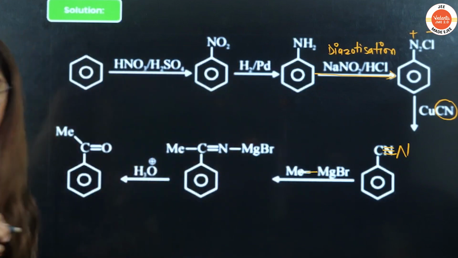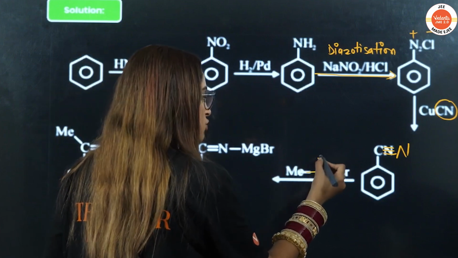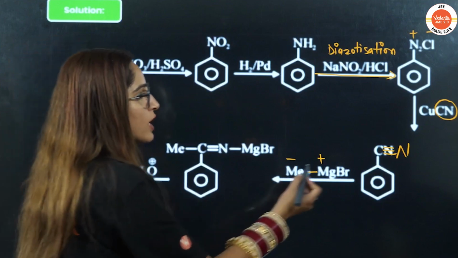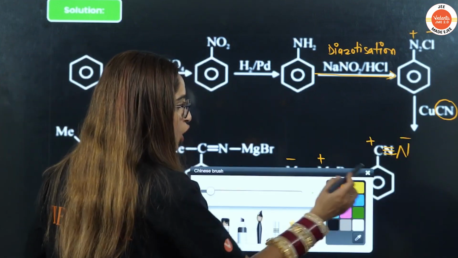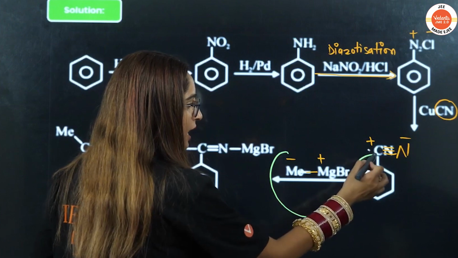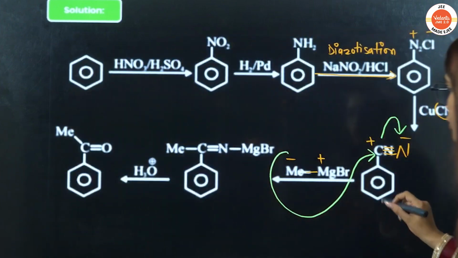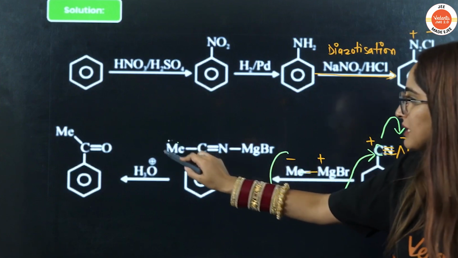Here it is MgBr. If you see, this is positive, and this will be partially negative. So here also this will be partially positive, this will be partially negative. So this is going to attack here. Electrons are going to jump here. So with this carbon, you will have the addition of this methyl.